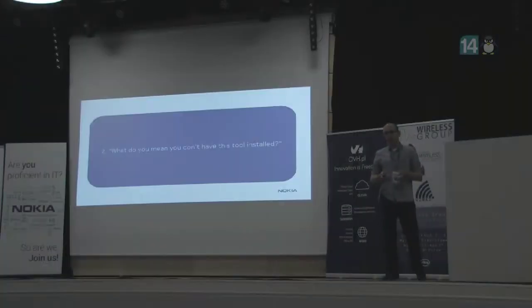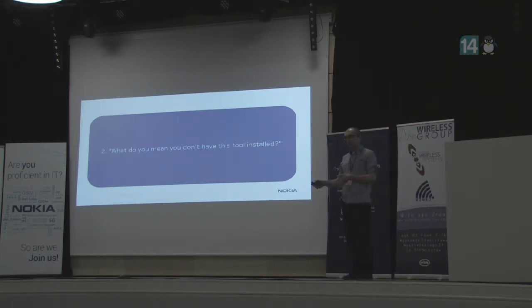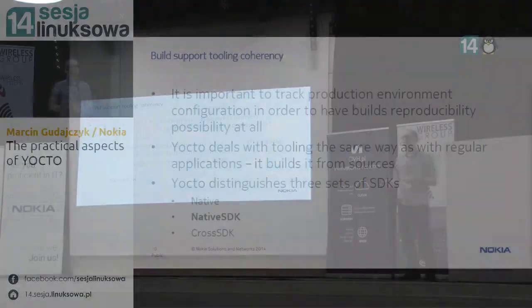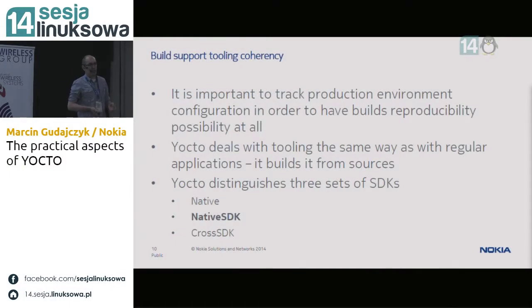So this history brings us to a very important point: the production environment has to be versioned alongside the product to guarantee the possibility of reproducing our product in a stable environment, right?